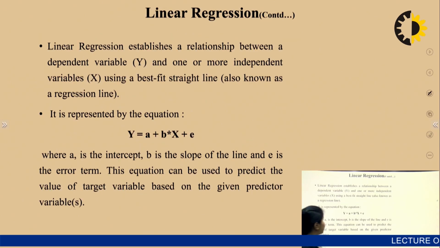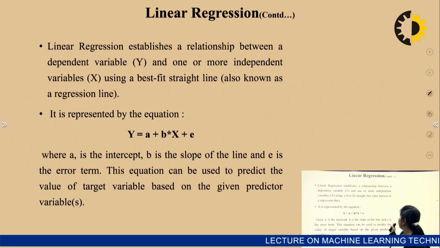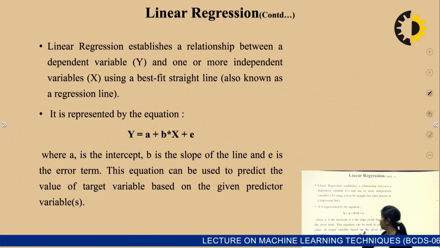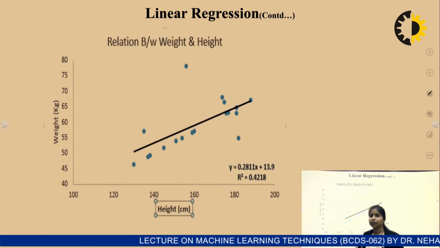Linear regression uses the equation y = a + b*x + e, where a is the intercept, b is the slope, and e is the error term, and it is used to predict the target variable based on the given predictor variables.